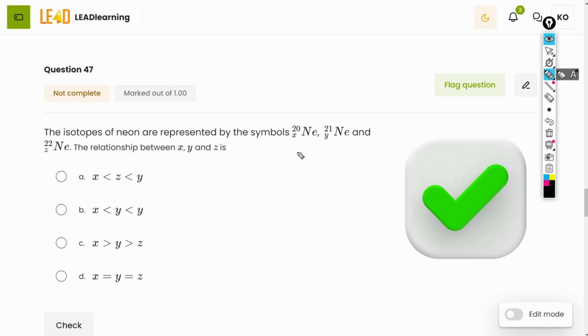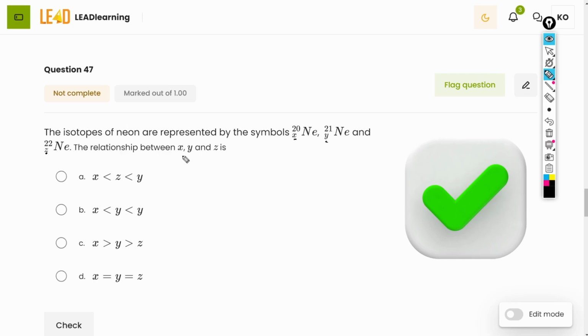Question 47. The isotopes of neon are represented by the symbols 20X, 21Y, and 22Z.